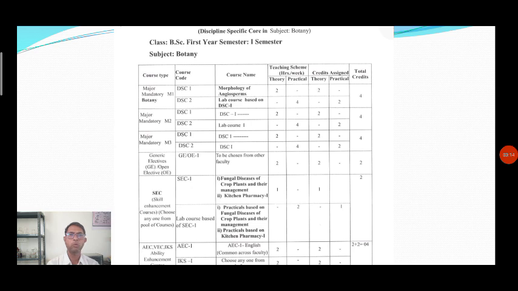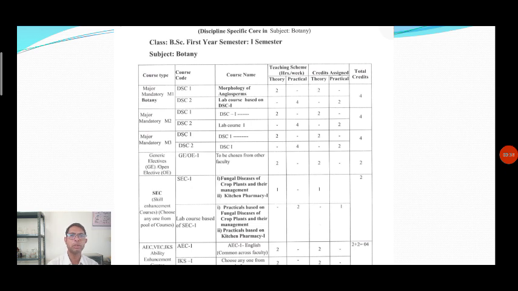Along with this generic or open elective, there is another subject to be selected by the student, that is the SEC, skill enhancement course. In this skill enhancement course, the student has to select any one of the given subjects.